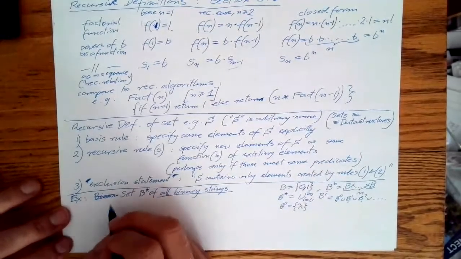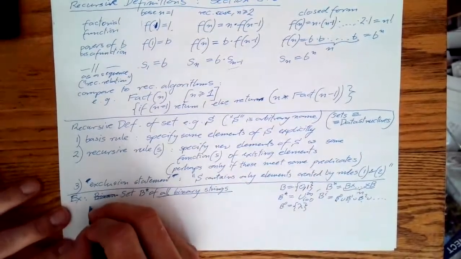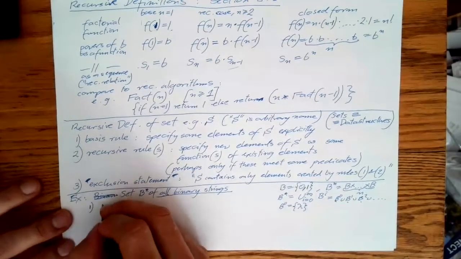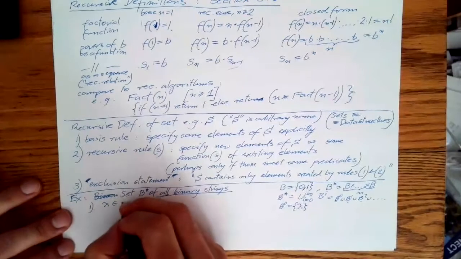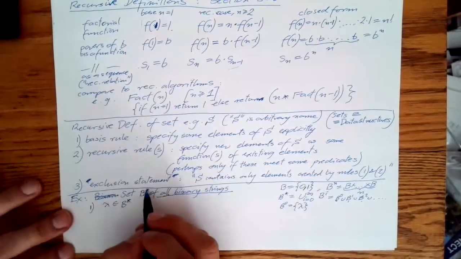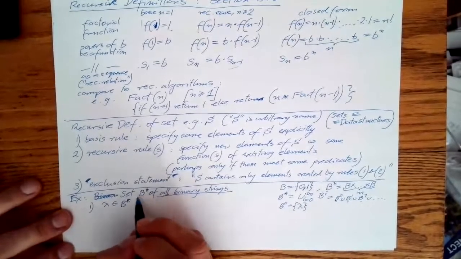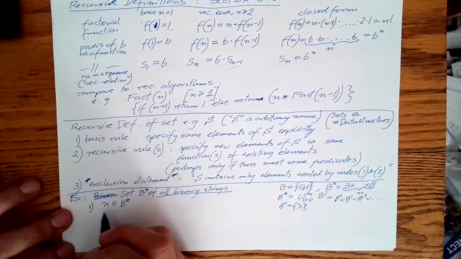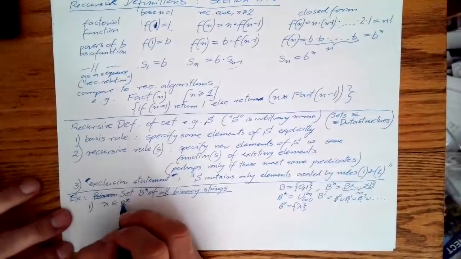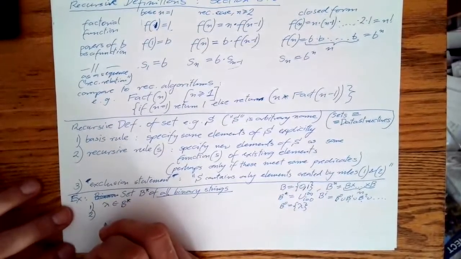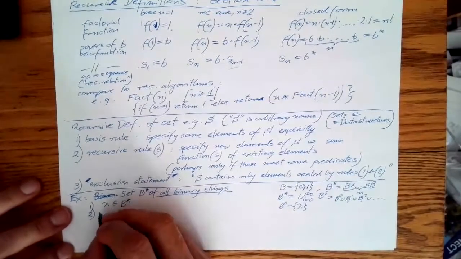Okay, here is the recursive definition. The basis rule is that an empty string, we declare it to be a bit string. So here this is my set S, right? I'm calling it B star. I'm going to define B star using the recursive method. I declare an empty string to be a member of B star. And also I have the following recursive rules.